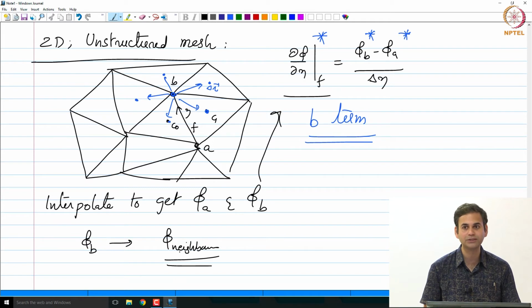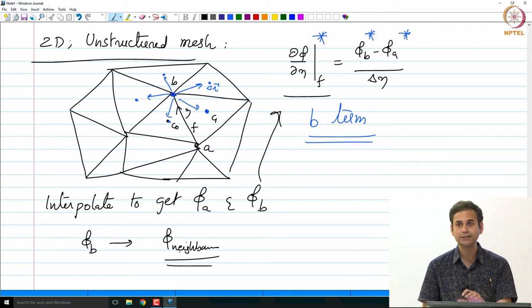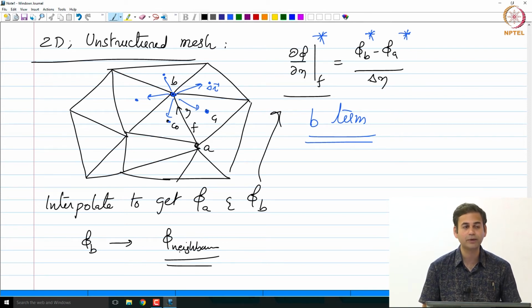You have already linearized the source term, right? You have SC and SP phi P. SP is anyway going there. What would you have used for SC? Have you used the previous values, right? So you use the current iterate values. So as far as the implicit method is concerned, these secondary gradient terms would still be treated as previous values, the current iterate values, okay?